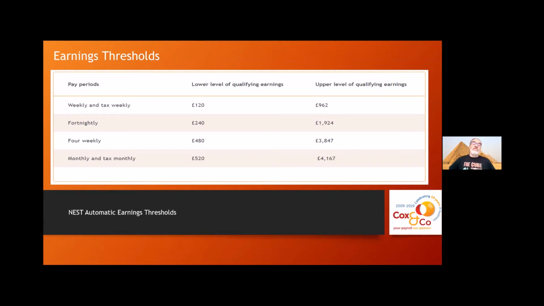Earnings thresholds, quickly skate over these. These are relevant to the process. Looking at weekly and monthly, so the top and the bottom really. In the next slides, you'll see these are relevant to the categorization of workers. So they're the qualifying earnings above which an additional duty may apply.